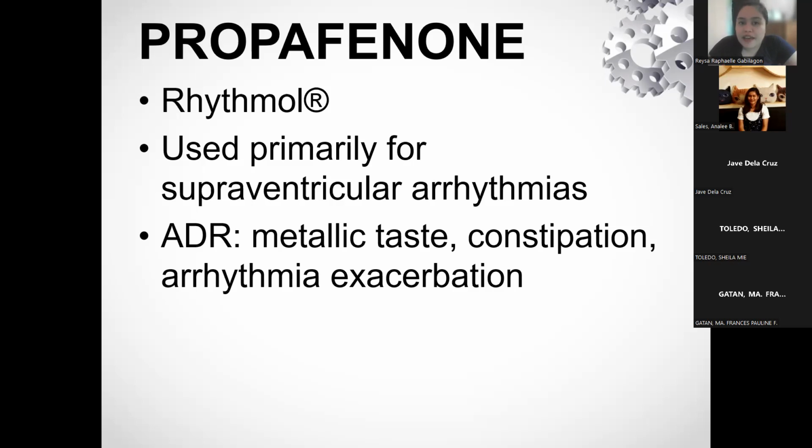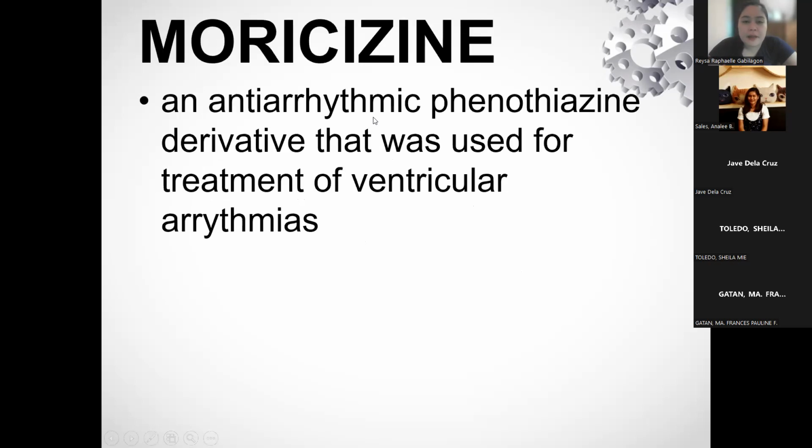So propafenone has that also, and then constipation and arrhythmia exacerbation. So the patient is being treated for arrhythmia. However, if there is an overdose of propafenone, this may exacerbate the patient's arrhythmia.